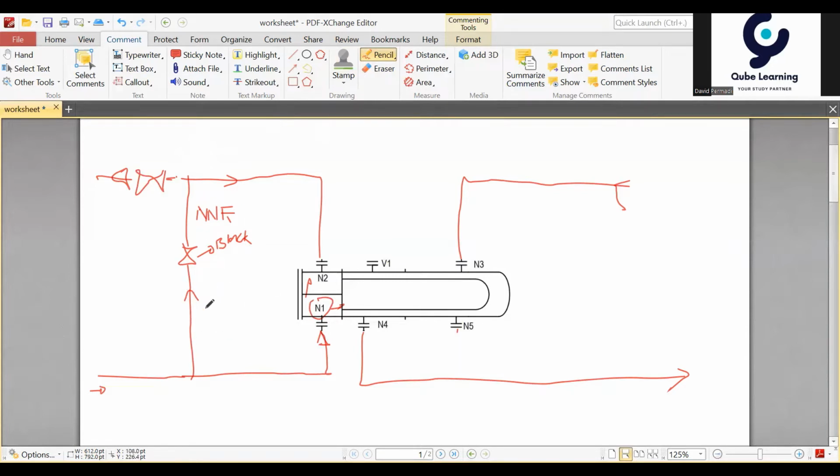And then I also have to add a block valve here, because this block valve is used to block the flow coming into N1.